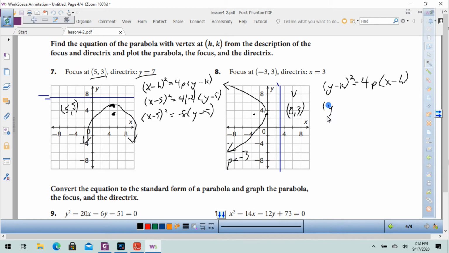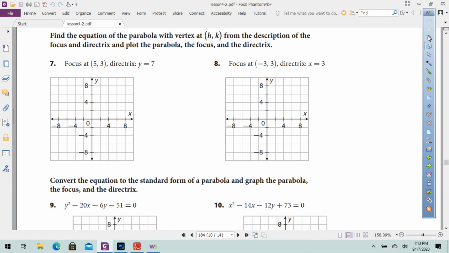So we got (y minus 3) squared equals 4 times -3 times (x minus 0). So do a little simplifying. (y minus 3) squared equals -12x. And there we go. Doing well, doing well. That stuff is just different. It ain't hard.